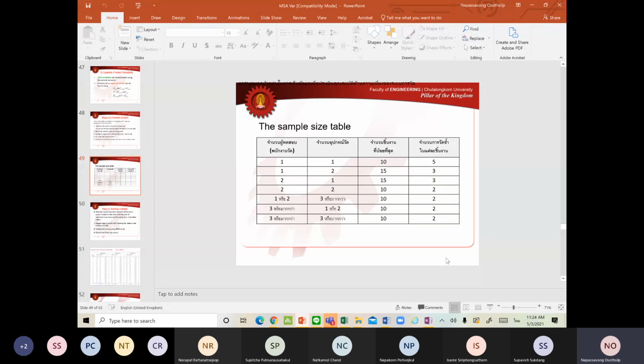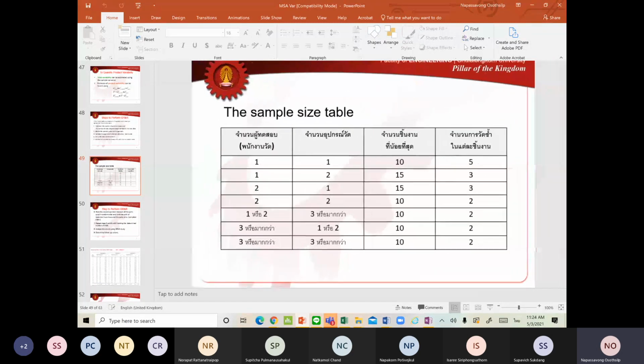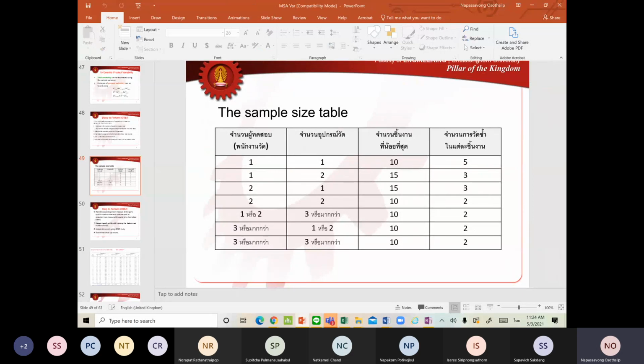Nanapat, could you please tell, from this sample size table, if we have 4 operators, how many parts do we need and how many replications do we need, if we have 2 measurement devices here, the manual one and the digital one?